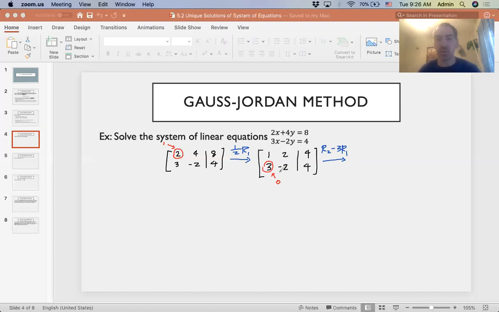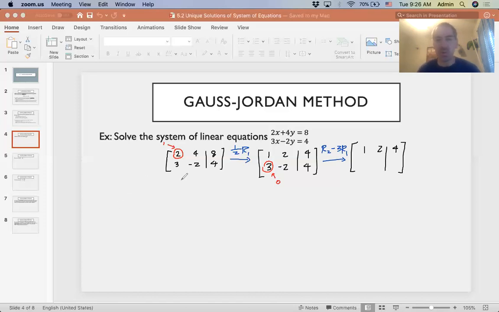So I'm going to say row 2 is my row 2, plus a -3, that's the additive inverse, times row 1. Okay, now you may want to come over in the margin and do some work here to see what that's going to be.